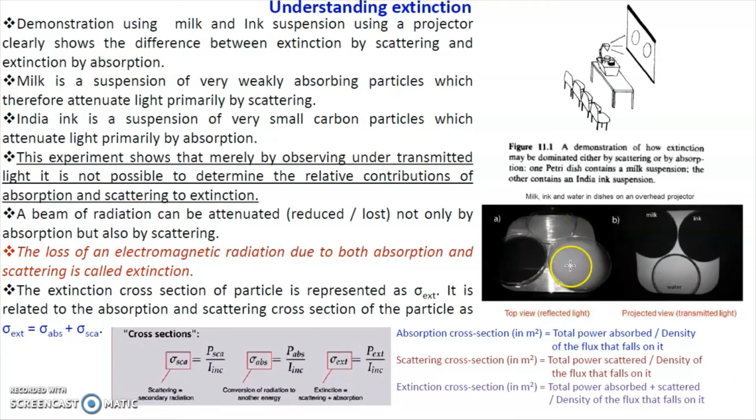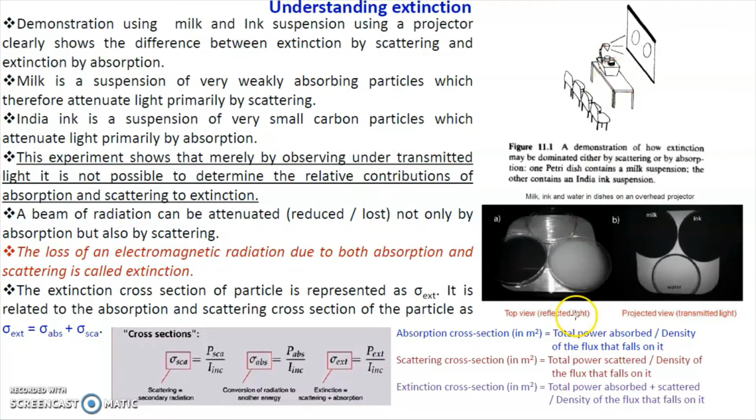In the second dish we are taking milk, and in the third petri dish we are taking ink. This is the ink which you use in a fountain pen. And as I said, we are keeping these dishes on the overhead of the projector. So this is the overhead of the projector.